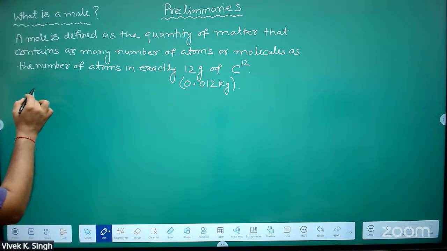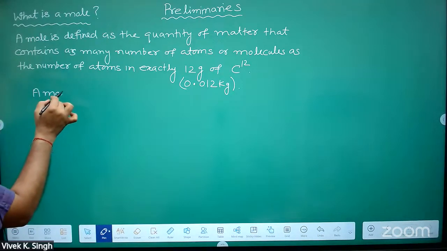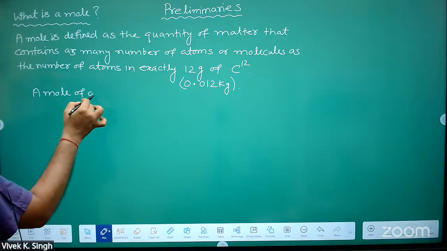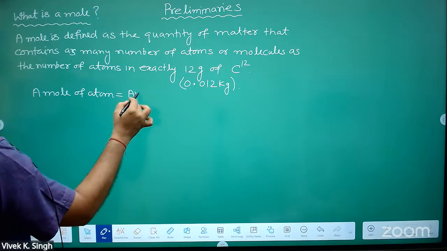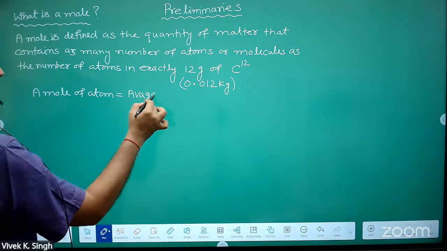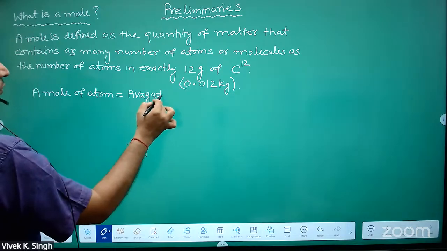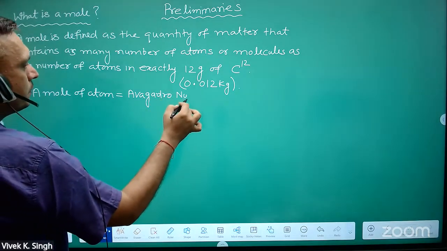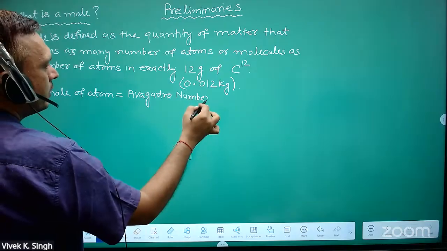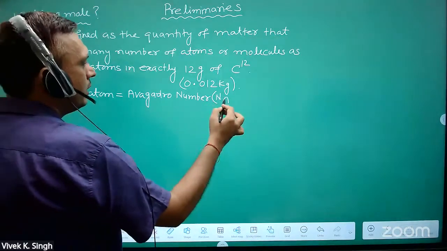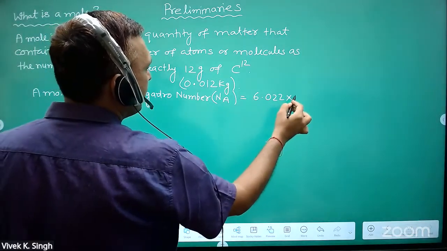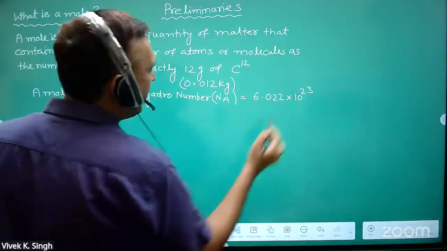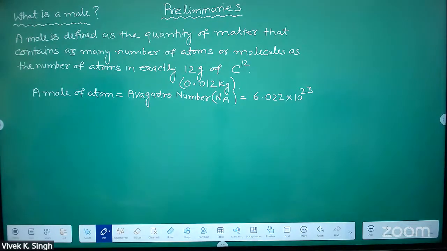So a mole of atoms is equal to the Avogadro number, Na, and this is 6.022 × 10^23 atoms. Yes or no?